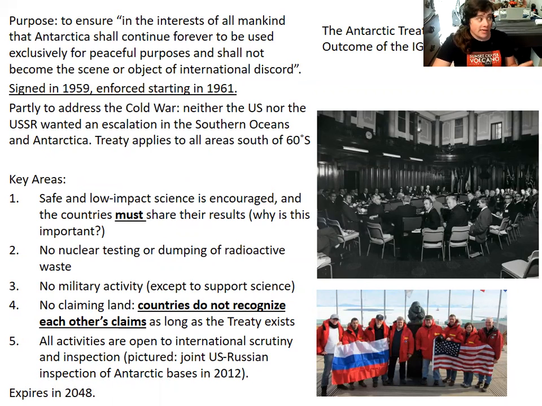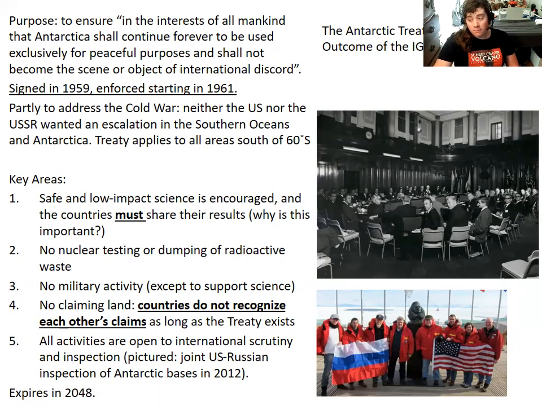As much as they didn't really get along, neither the US nor the USSR really wanted there to be any reason to end up at war together in Antarctica or the Southern Ocean. And the treaty kind of established Antarctica as a bit of a neutral zone, which is how there still ended up being some ongoing collaboration between the Soviet Union and the US, even though they remained officially extremely unfriendly for the next better part of a half century.